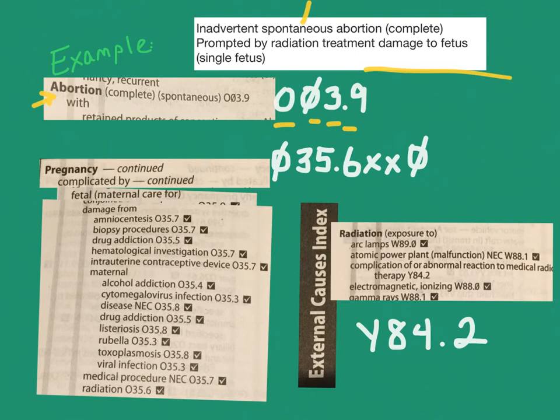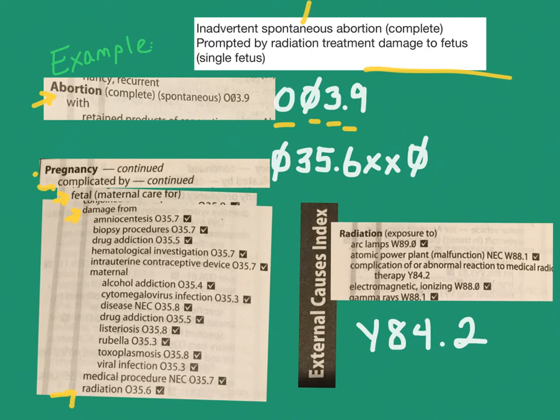We'll begin with our main term of pregnancy complicated by, and here we remember we have damage to the fetus. So we're going to go to complicated by fetal damage. So fetal damage from, and there is actually a specific subterm for radiation.